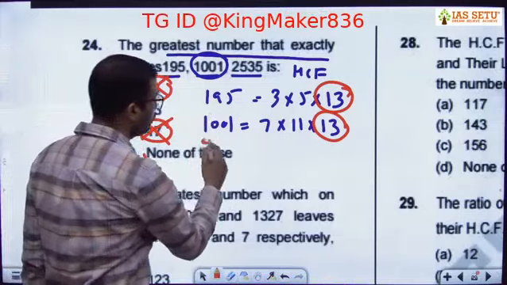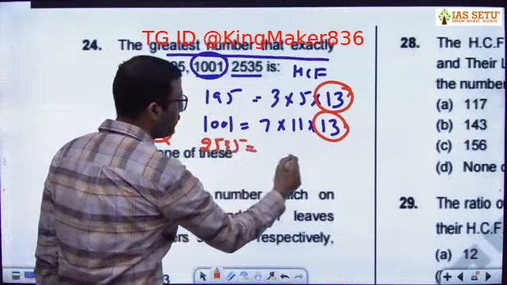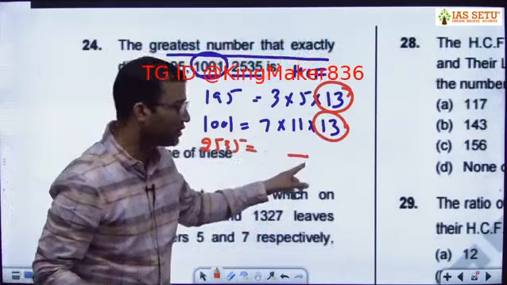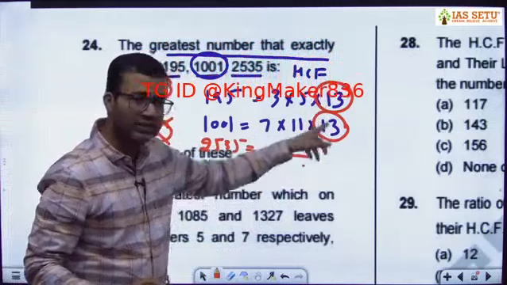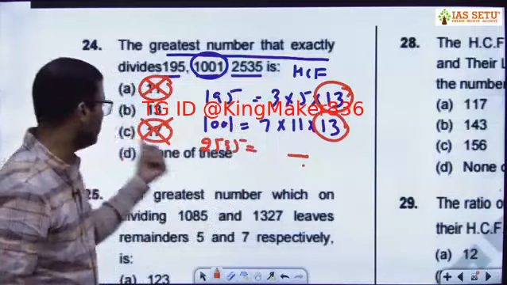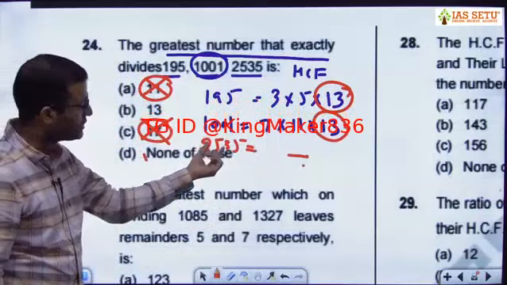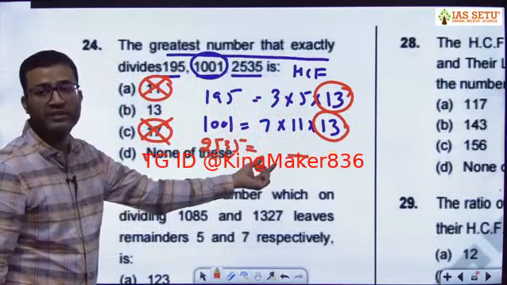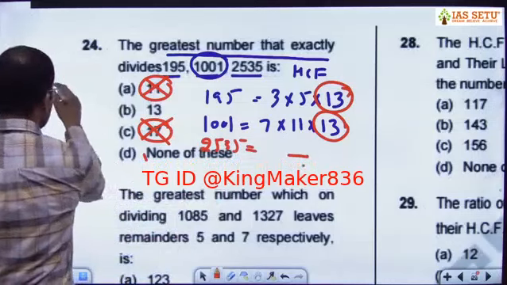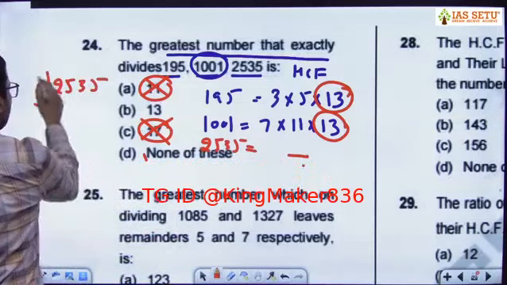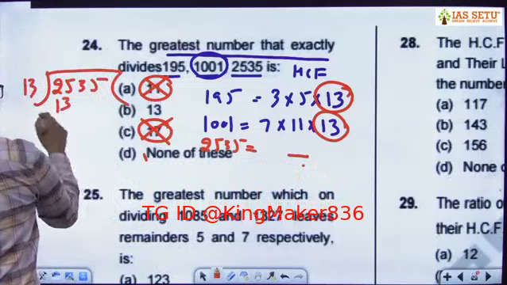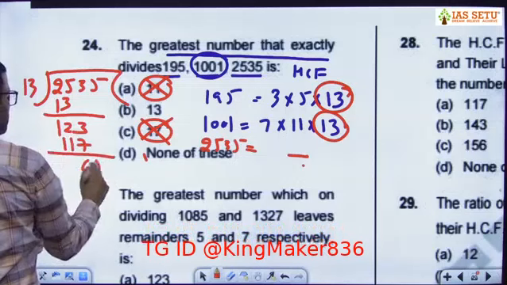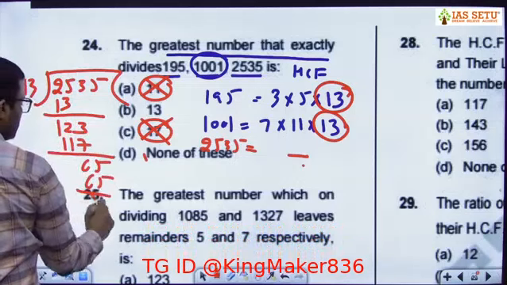So we check 2535 whether this number have 13 as a factor or not. If this number also have 13 as a factor, so it means 13 is the common factor in all these three number. 13 is the answer. तो आपने बस ये चेक करना whether this number is divisible by 13 yes or no, whether this number have 13 as a factor yes or no. So we try 2535 we divide by 13, 13 1 2 3 39 is 117 65 13 5 is 65 yes.